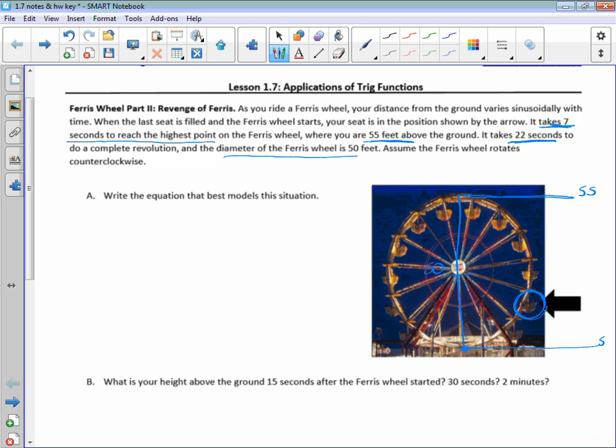Okay, so a few things we can figure out from this. We're going to figure out where our midline is, and we're going to figure out our amplitude. So what do you think for amplitude? Diameter is 50, right? That's the whole height of the wheel. So what's half of that? That's your amplitude.